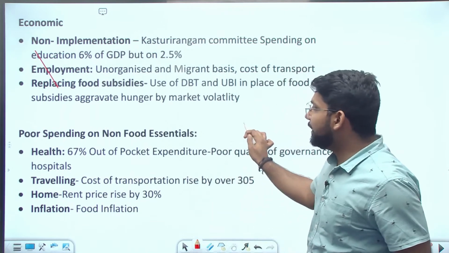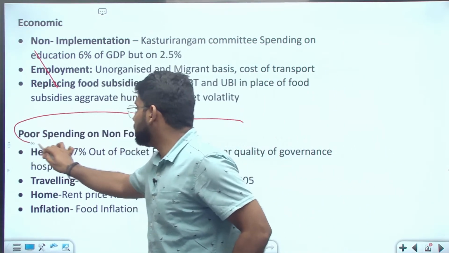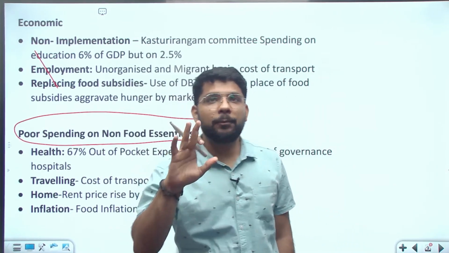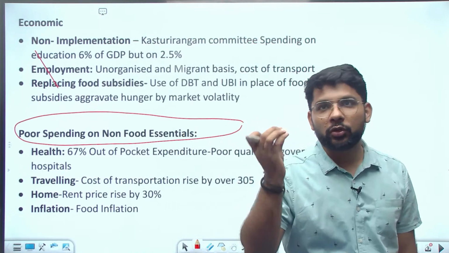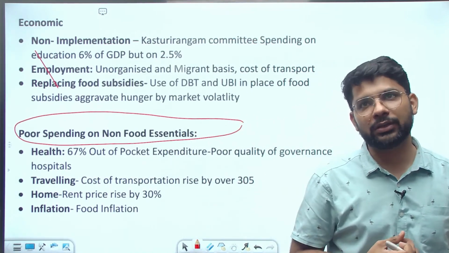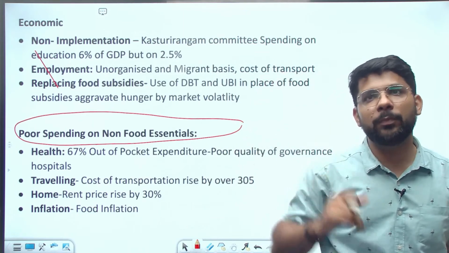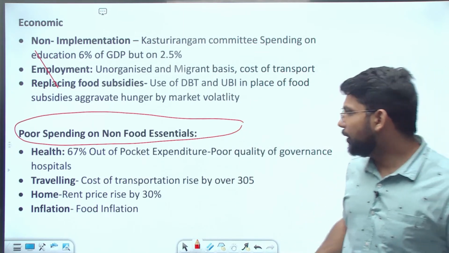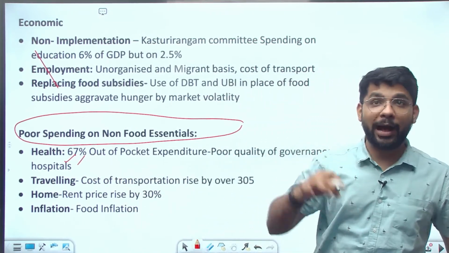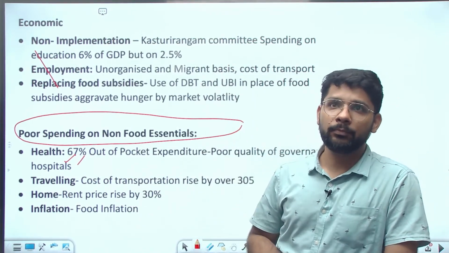Then the poor spending on non-food essentials. The poor people are spending much more on health and education as compared to the rich people. According to a report, 67% is out-of-pocket expenditure.